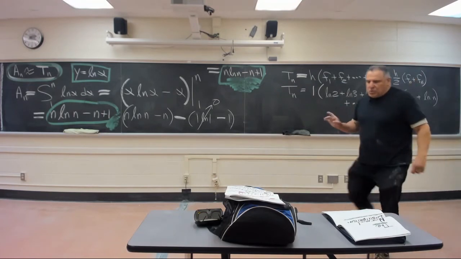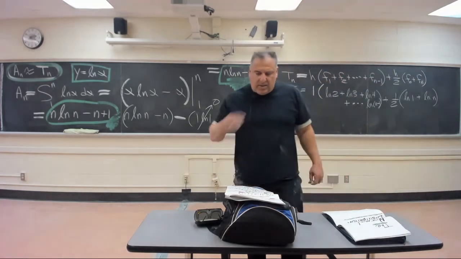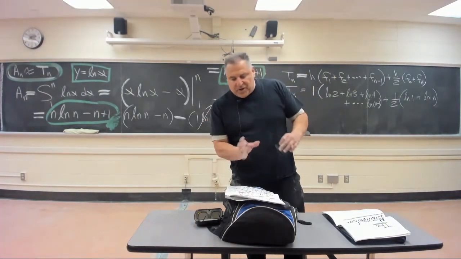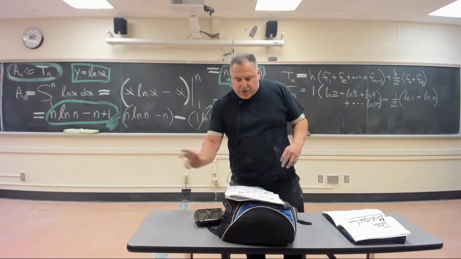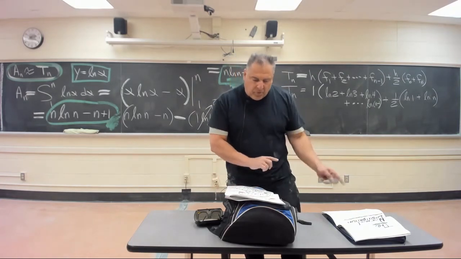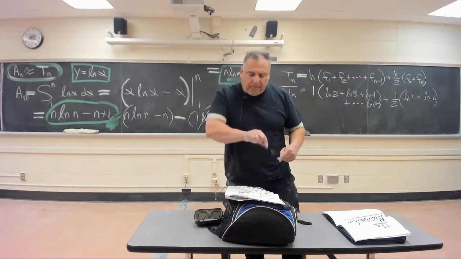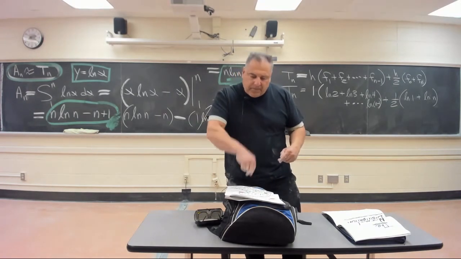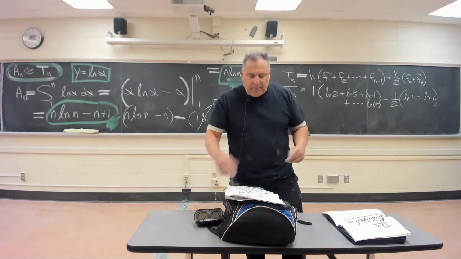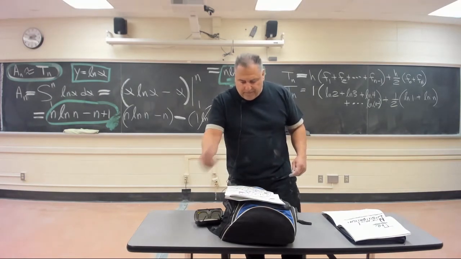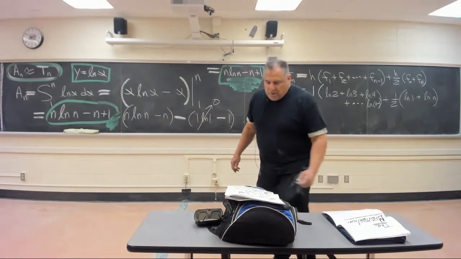Remember how the gap between the base of the sideways trapezoid, there's that H, there's a span going from 1 to 2, from 2 to 3, from 3 to 4, from 4 to 5, from 5 to 6, from 6 to 7, etc., etc.